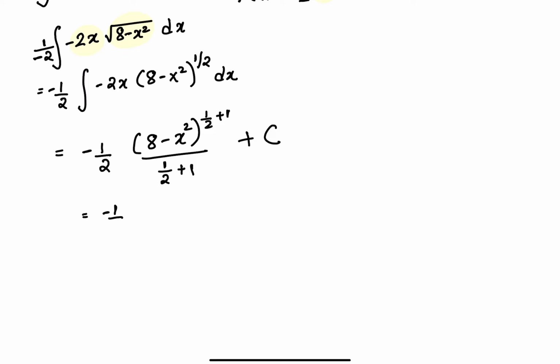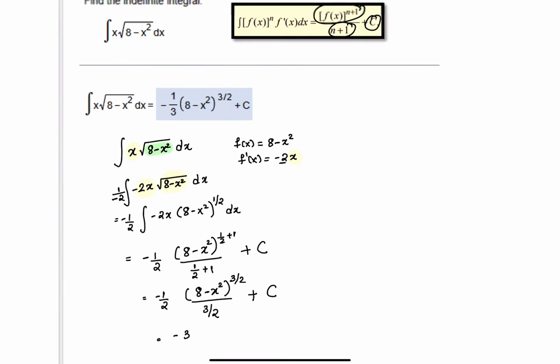Half plus 1 is 3 over 2, over 3 over 2, plus c. Simplify this, half divided by 3 over 2. Is that negative 1 over 3?